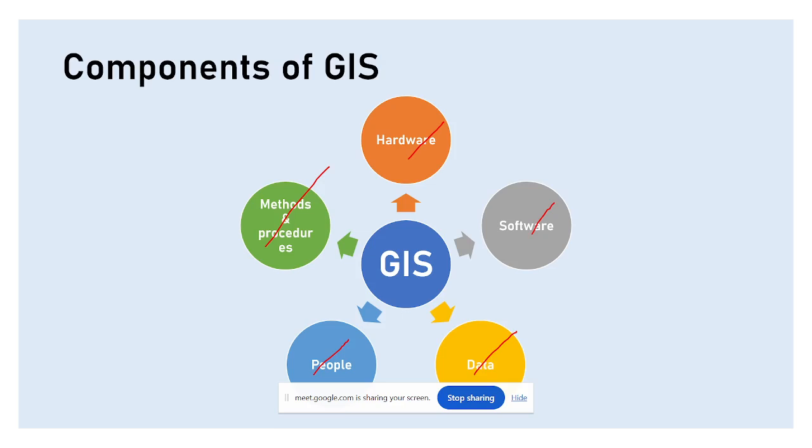So a GIS expert can suggest the kind of data which is required for preparing a design or map according to the user specifications. If you want to, let's say, build a cupboard in your home, you have to give the specifications to the person who is making it, right? You have to tell him, I need this much space inside that cupboard, I need this much separation in the cupboard, I need this height, all those things.